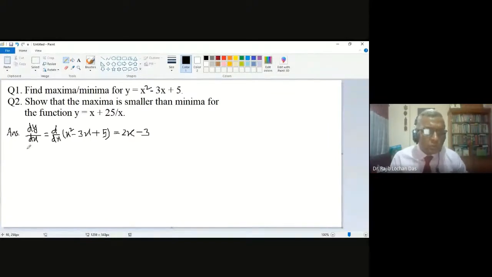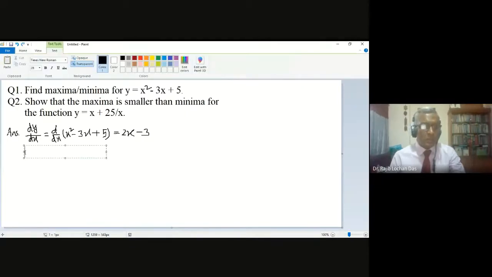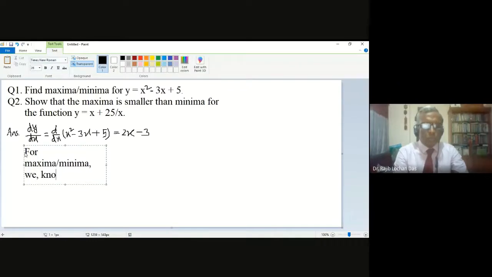Yes, we already know, for maxima or minima, the concept is, whatever you want to find, you may find maxima or you may find minima, but whatever, it will be d dx of y equal to 0. We know that d dx of y is equal to 0.